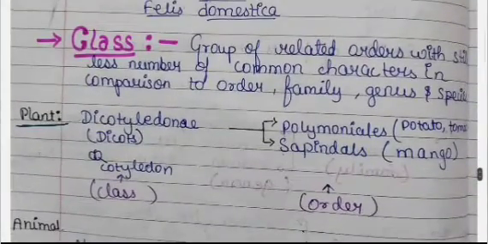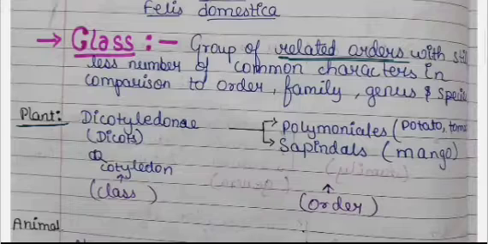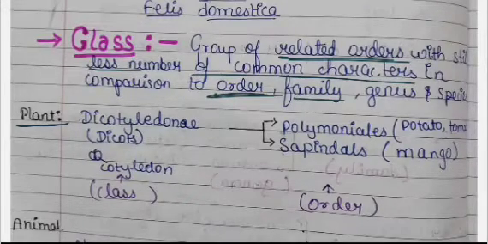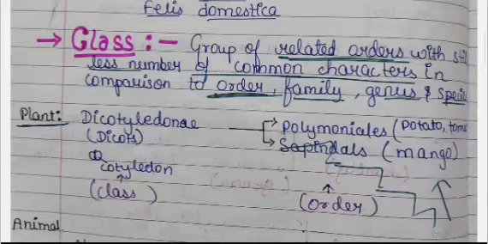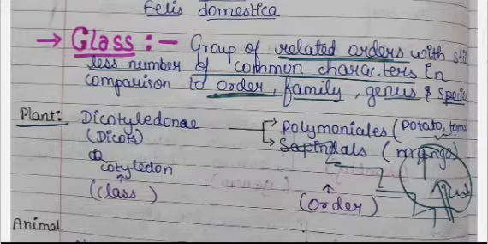Now class. It is a group of related orders with still fewer common characters in comparison to order, family, genus and species. As we reach the top of the hierarchical system, the characteristics decrease, but the number of individuals increases. You just have to keep in mind that when we go from down to up, the common characters decrease, and vice versa when we come from upside to downside.